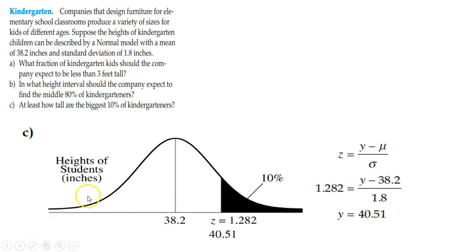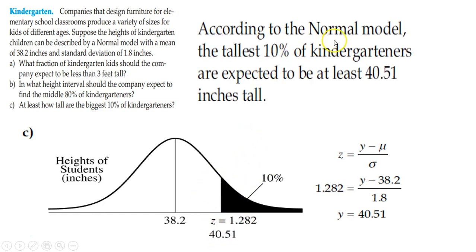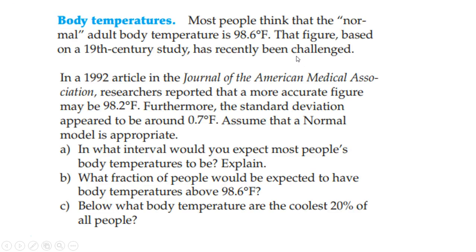And if I do that, it would be inverse norm 0.9, 38.2, 1.8, and I would get what that number is, which is 40.51. So the tallest 10% of kindergartners are expected to be at least 40.51 inches tall.